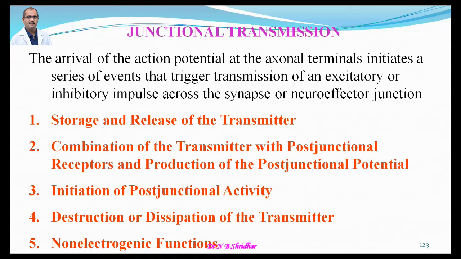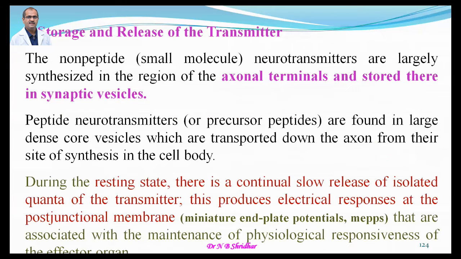The third is the initiation of post-junctional activity. The fourth is the destruction or dissipation of the transmitter. Then non-electrogenic functions. These are the important steps you have to remember: storage, release, action, destruction, and the non-electrogenic functions.